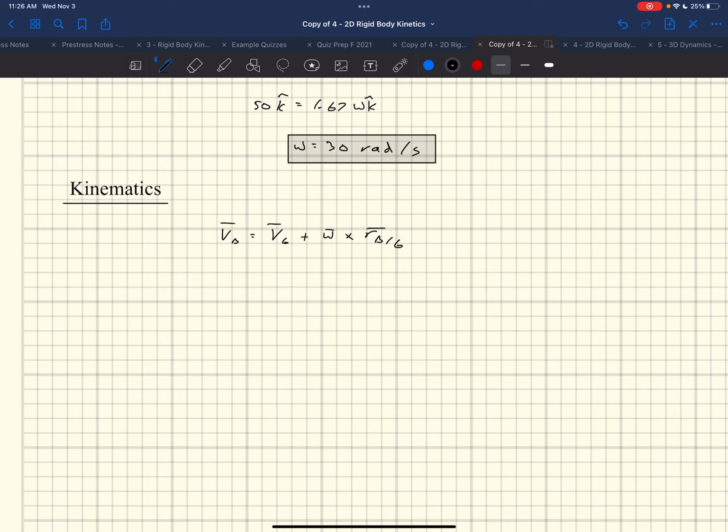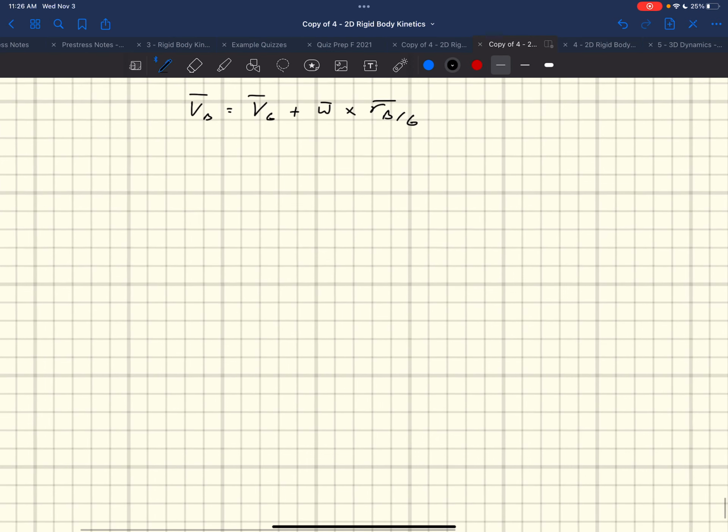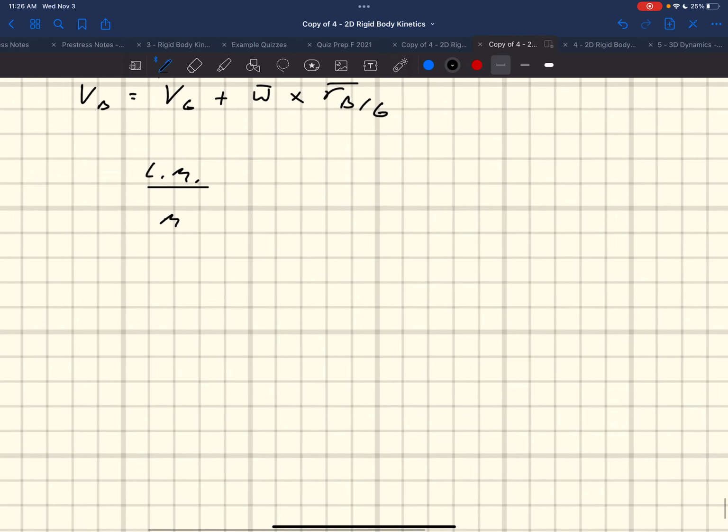It's not fixed, right? Mass center is not fixed. Where do I get VG from? Linear momentum. I haven't used linear momentum yet. We only used angular momentum. Now I got to use linear momentum, right? So we use linear momentum, and it says that MC VC, that's the linear momentum.